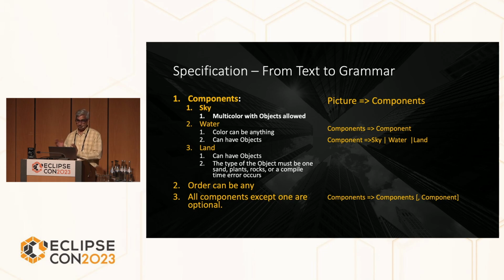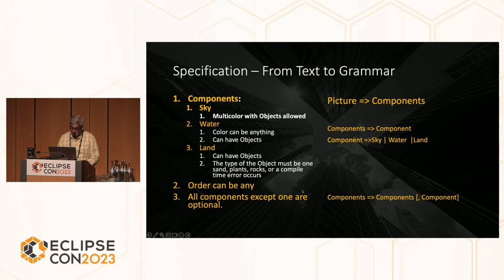Now let's see whether we can put some structure to the English. What were we talking about in English? We are talking that we have components. The components could be sky, water, land, etc. Now we put a grammar to it. This is the actual grammar that you can see in the code, where we say that the picture can have components, and the components can be one of sky or water or land.